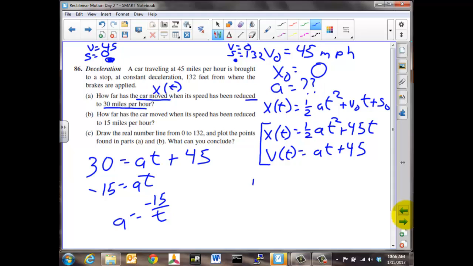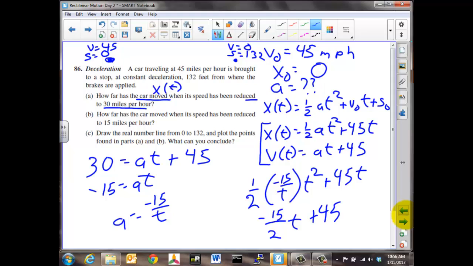So now we get 1/2 negative 15 over t times t squared plus 45t. That cancels. One of those t's will go away. Negative 15 over 2t plus 45t, right?